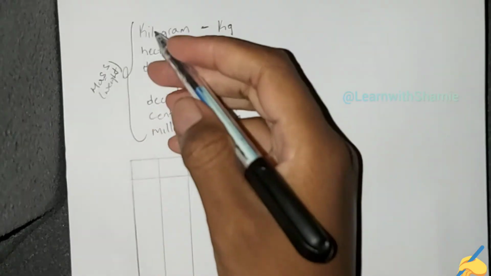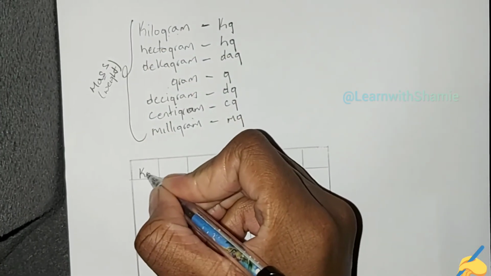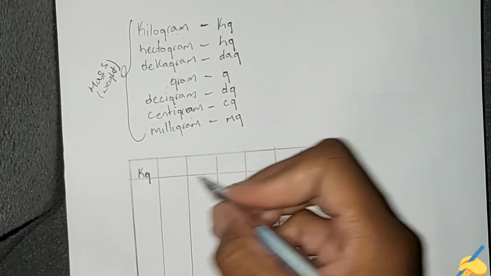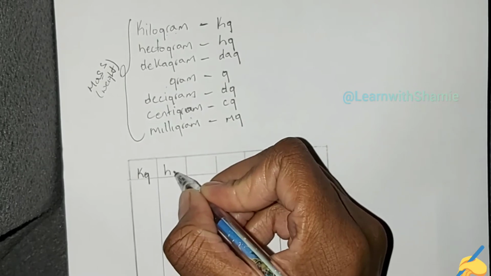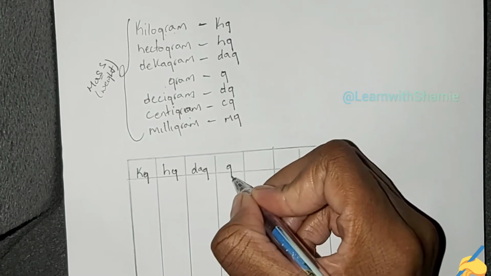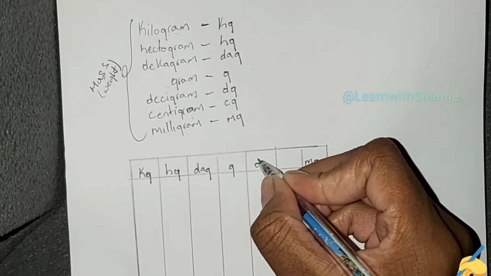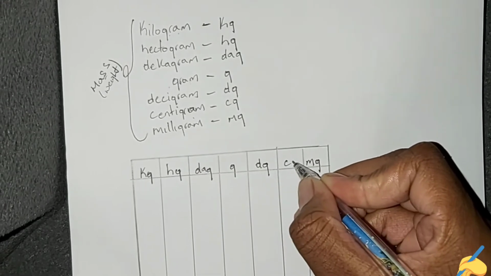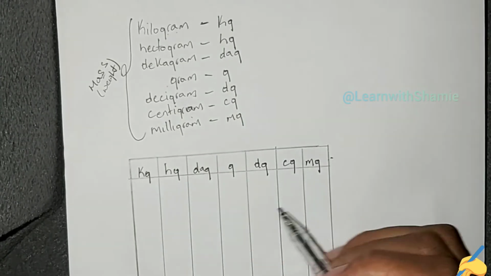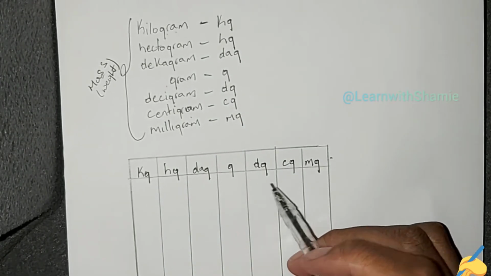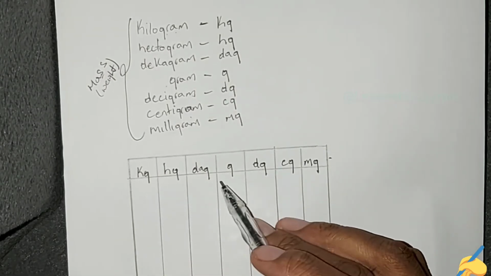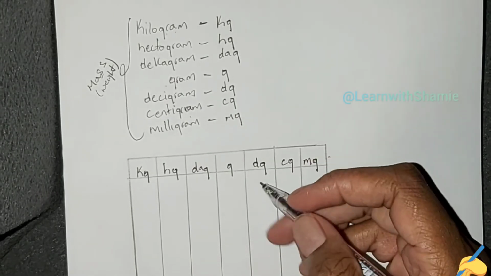So if you put the largest unit to the left, which is kilogram, and the smallest unit to the right, which is milligram, kilogram would be followed by hectogram, then decagram, then gram, then decigram, centigram, and milligram. With the largest unit to the left and the smallest unit to the right, you should realize by now it's the same pattern as the number places used in the decimal number system.